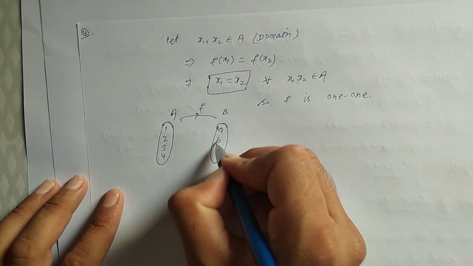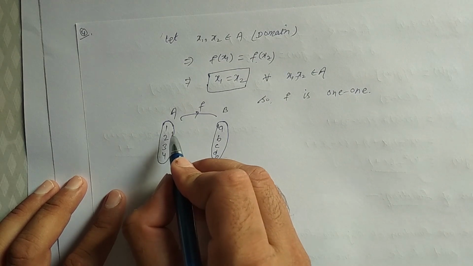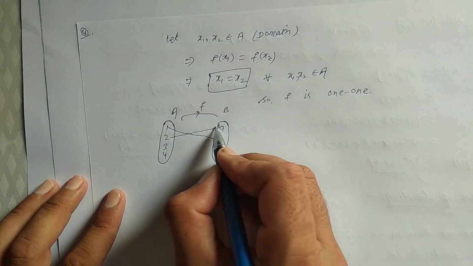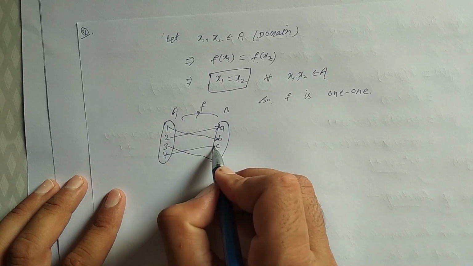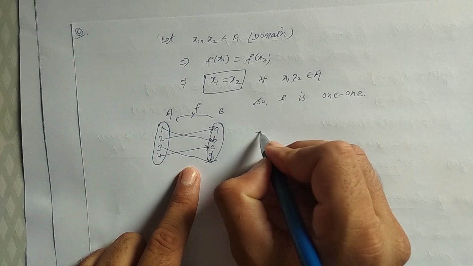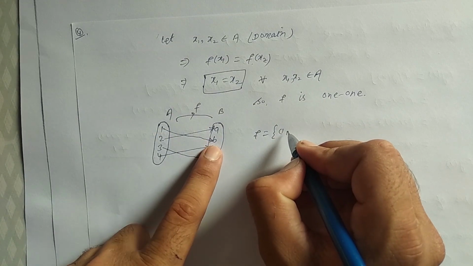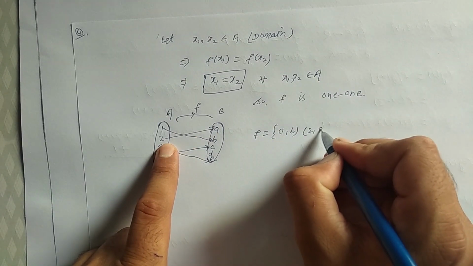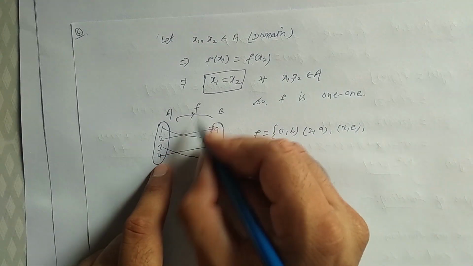Elements of set B are A, B, C, D, E. Image of element 1 is B. Image of element 2 is A. Image of element 3 is E. Image of element 4 is C. On writing the function in ordered pairs, f(1) equal to B, f(2) equal to A, f(3) equal to E, f(4) equal to C.